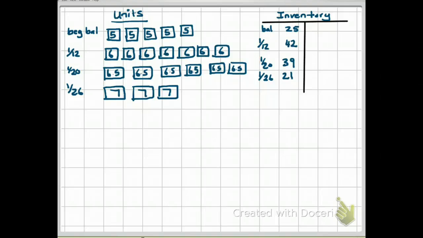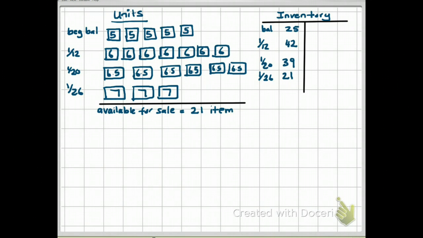Now, the company has bought several items with different per unit prices. So we need to value how much is our cost of goods sold and how much is our ending inventory. That is the dilemma here. The first thing we need to do is figure out how many units we had available for sale.